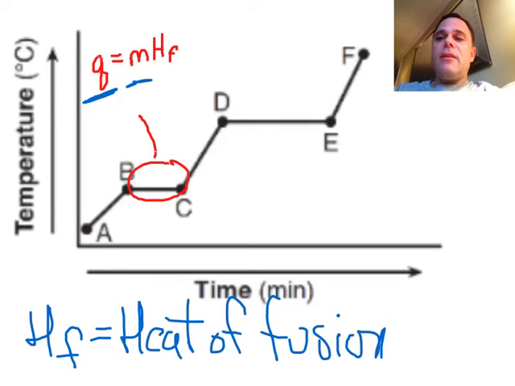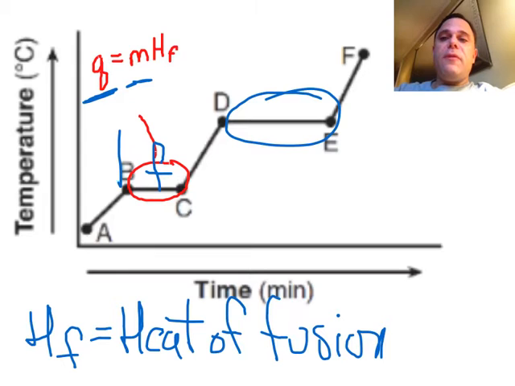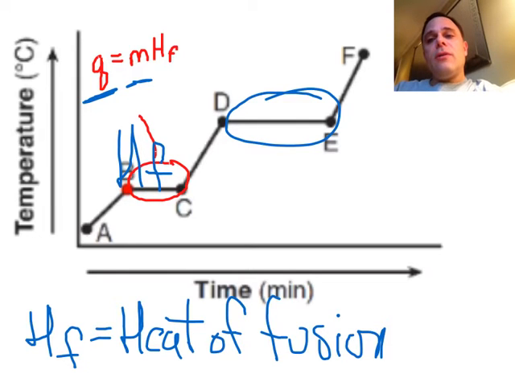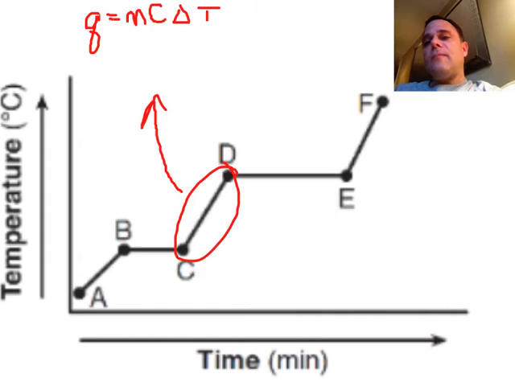Now, if here is vaporization, this one must be fusion. Okay, that's important to note. And similar to the definition for heat of vaporization, heat of fusion is the amount of energy necessary to convert 1 gram of ice to 1 gram of liquid water at constant temperature. Again, that's a constant that I'll show you in just a little bit.